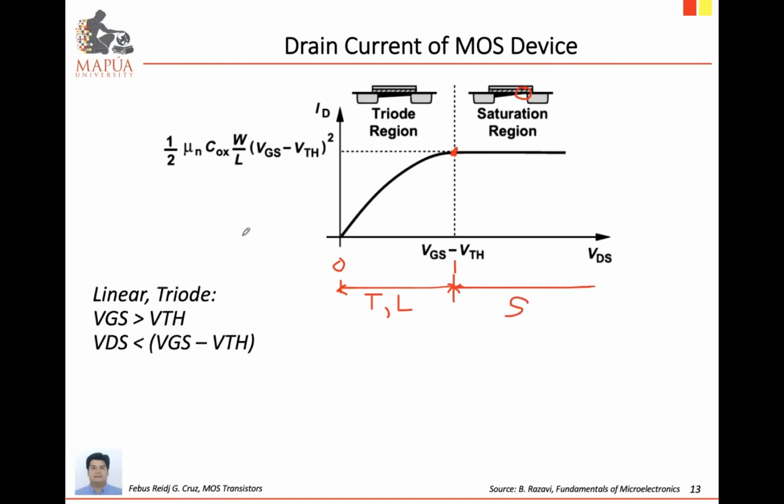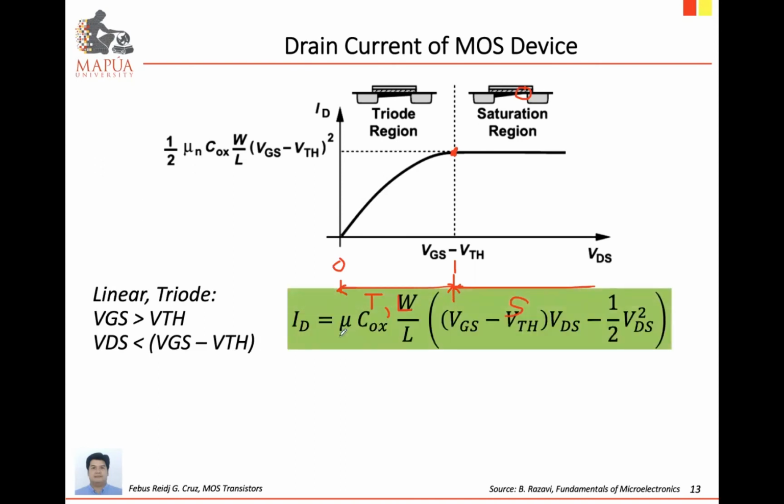So again, the linear or triode region is when the VGS is more than the VTH and the VDS is less than the difference of VGS minus VTH. And we are going to use this equation. So you have ID equal to this linear equation or linear model.